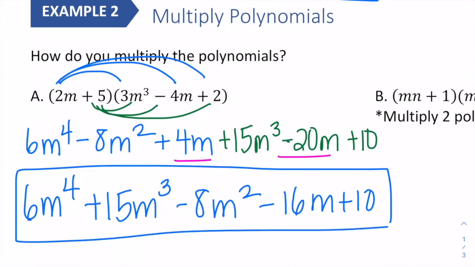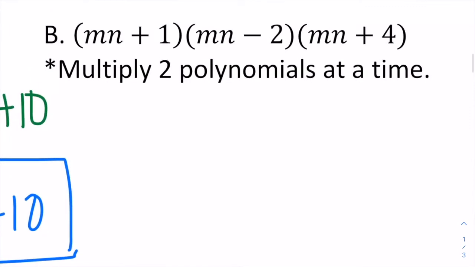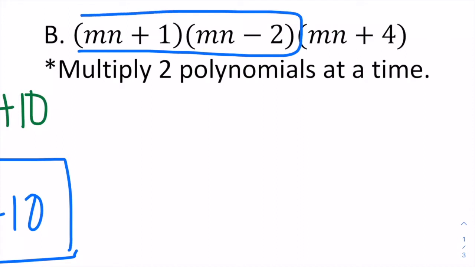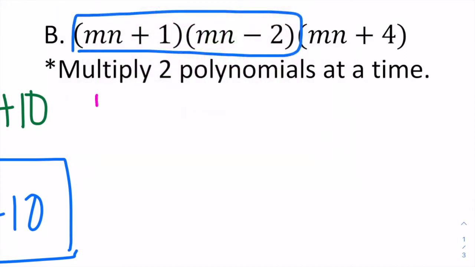Now let's look at the next one. For this one, it's a little bit tricky because we have 3 binomials, but remember we can only multiply 2 at a time. So let's first focus on the first 2. And remember, we're going to use the same acronym that we always use with binomials, FOIL.